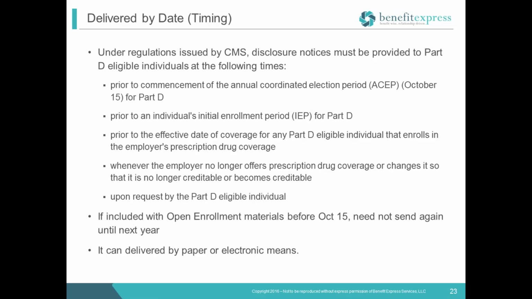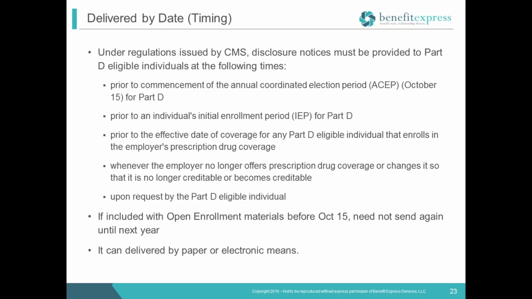Under the regulations, each year you have to give it out by October 15th. You also have to give it out prior to the individual's initial enrollment, prior to the effective date of coverage for any Part D eligible individual that enrolls in the employer's prescription drug program. You also give it out whenever the employer no longer offers prescription drug coverage or changes it so it's either credible or non-credible, or upon the request of a Part D individual.